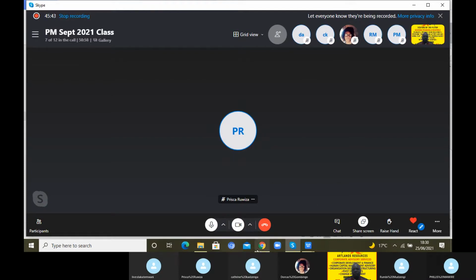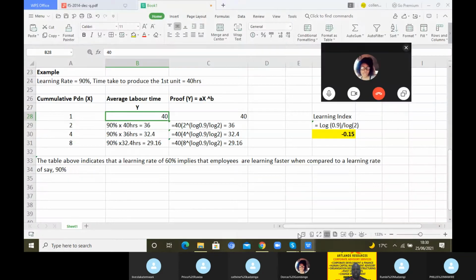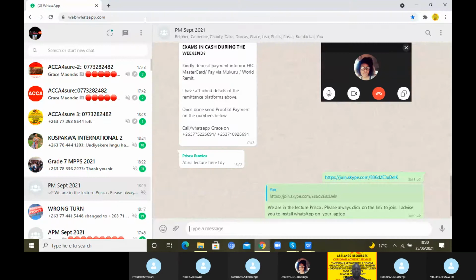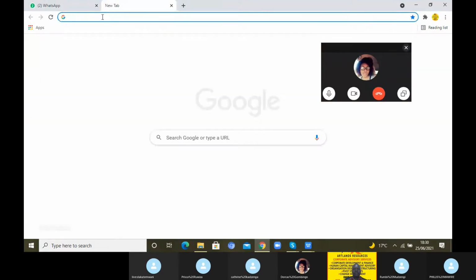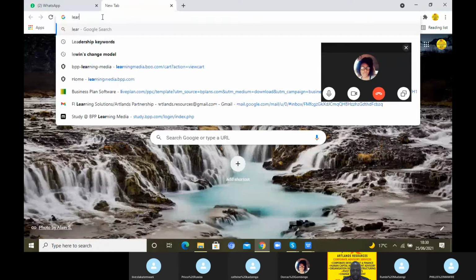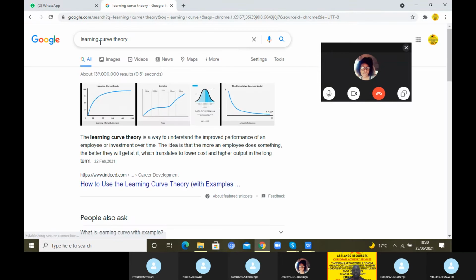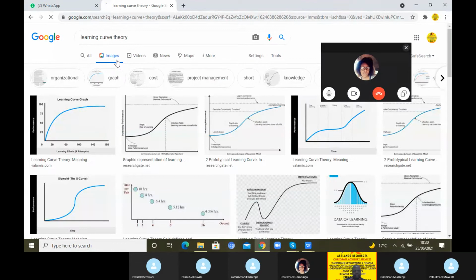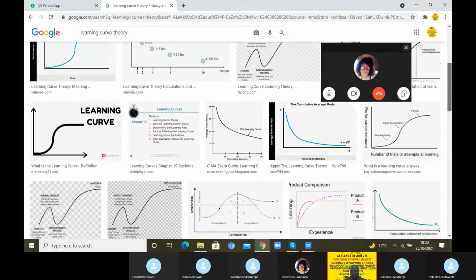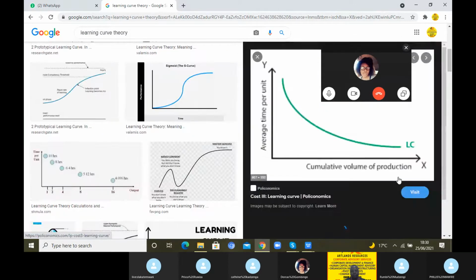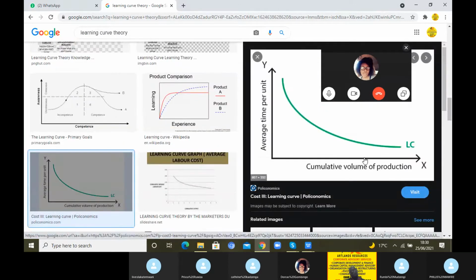So let me take you through what I'm saying here. Because we are learning online, it's not a train smash. If I can even show you a diagram of learning curve theory. Let me show you what I'm explaining.